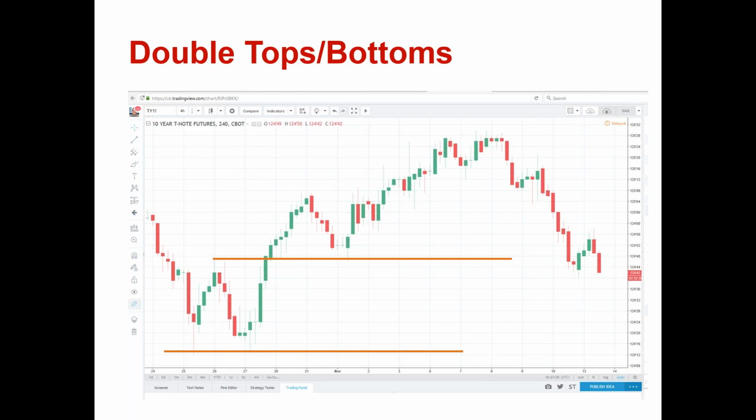This sounds like a really silly little point, but we were talking about gaps last week, and I use blue lines for gaps. I think it's useful to have a similar kind of key to your lines, because then you don't have to intensely stare at a chart and work out what that's for. You can say quite clearly, oh, that's orange, that's that double top, or that's that double bottom.